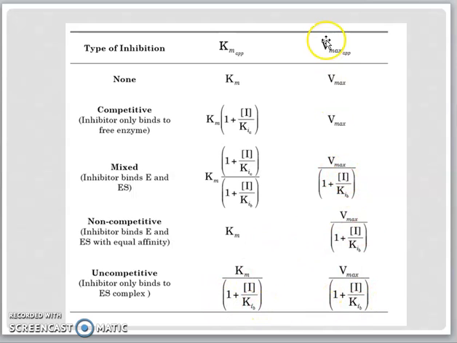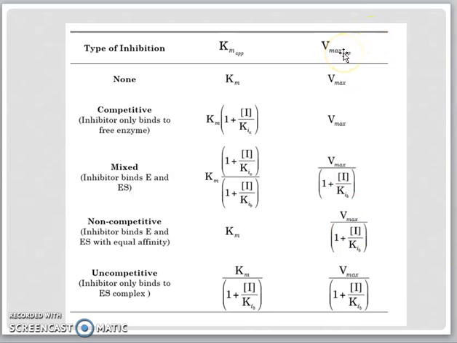For example, for non-competitive, because the Km value is similar, we take the Vm app value in order to find the Ki value. So the equation will be Vm app equals Vm over 1 plus I over Ki.